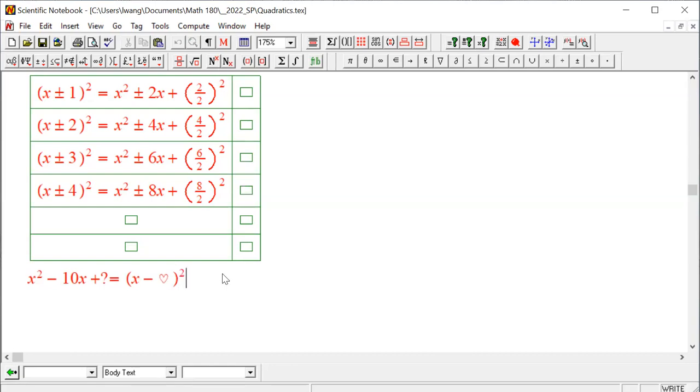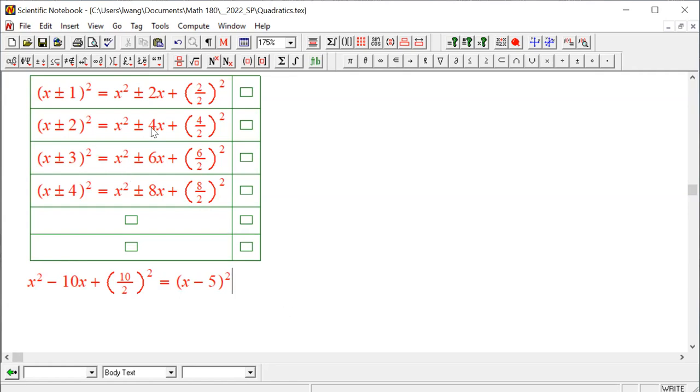I will take the 10 divided by 2 and square it. And this number, which is a 5, should go here. And that will make a perfect square. You can totally verify it.